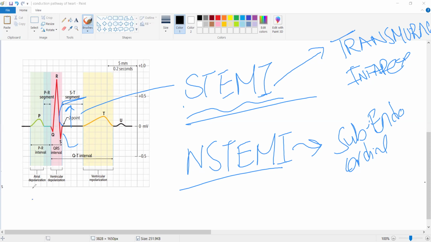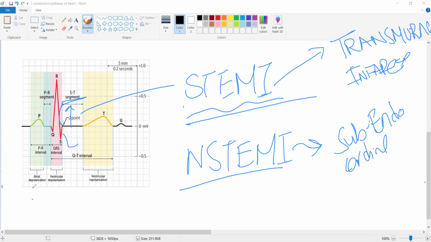What about the level of the cardiac marker in ST segment elevation myocardial infarction and non-ST segment elevation myocardial infarction? In both it is elevated. Yes, in both it is elevated. What does increased troponin mean?